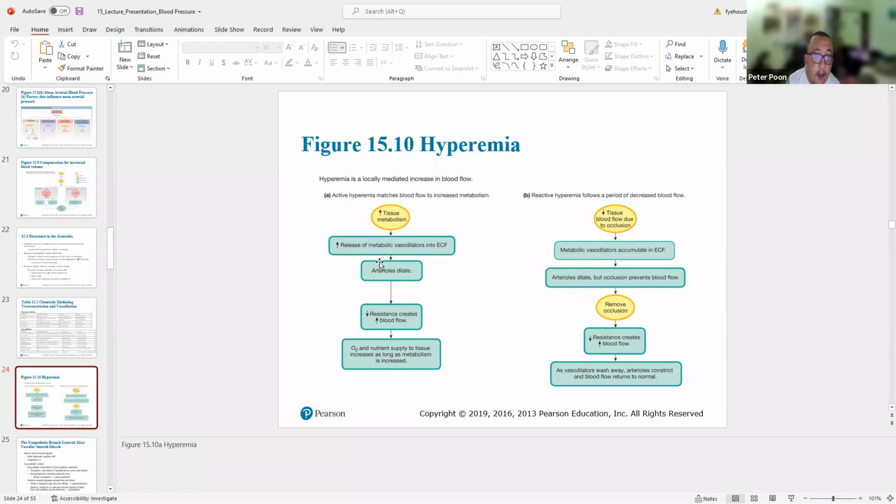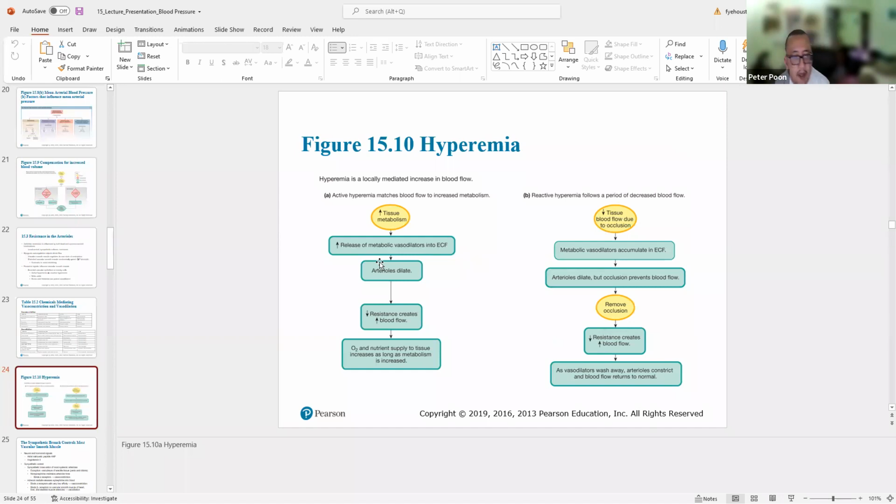The other thing, reactive hyperemia, is what happens when there's a clog or blockage of some sort, or like a partial blockage. Blood flow down to the tissue is reduced due to the occlusion.